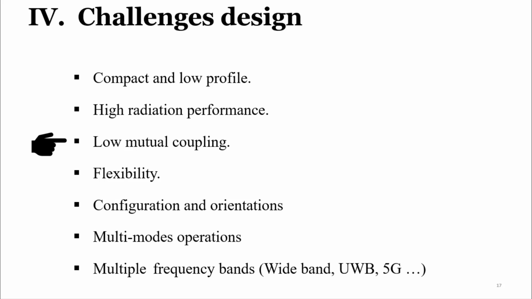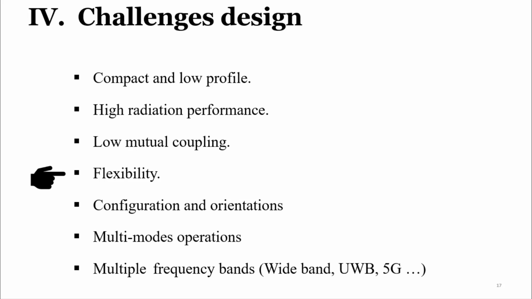Okay, so I can put another video just for these methods, for this problem of mutual coupling. So as we see, we need to have low mutual coupling in our array antennas. Okay, low mutual coupling. This is a challenge in designing patch array antennas.